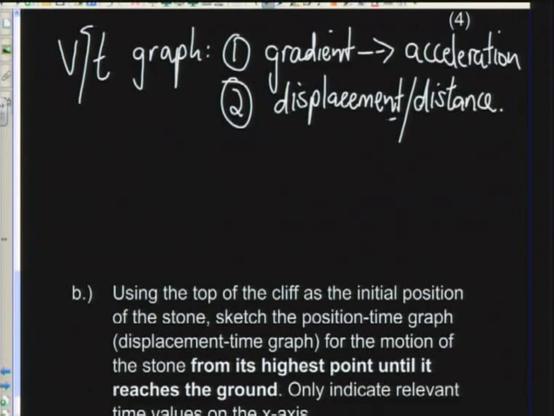But in this case, I want to stick to displacement because we're talking vectors here, things going up and down, projectiles. So how do we get the displacement? Up there we said the gradient gives you acceleration. Then how do we arrive at the displacement? To get the displacement, we find the area enclosed by, or under, that particular graph.